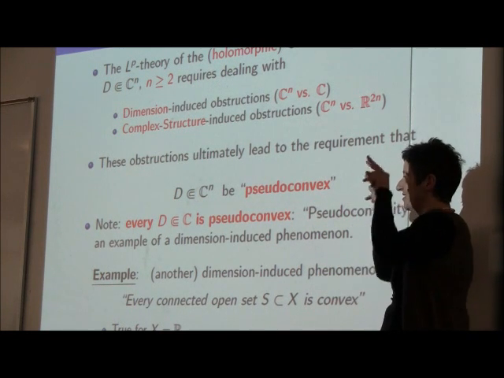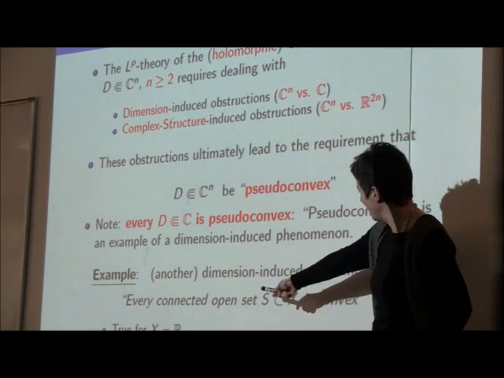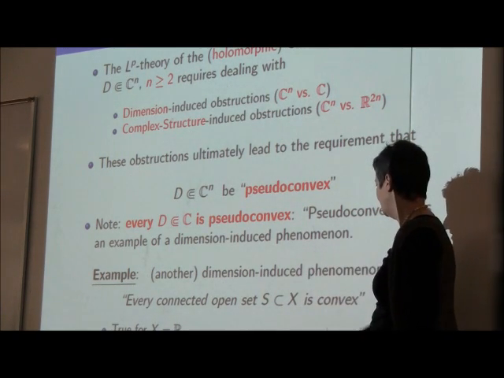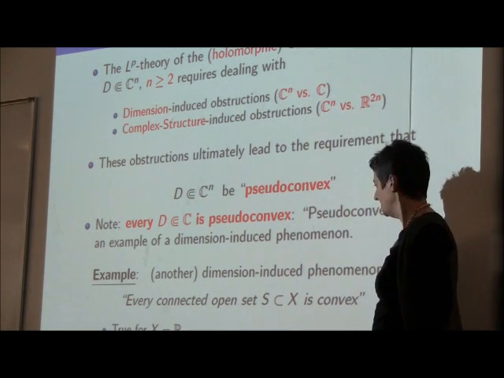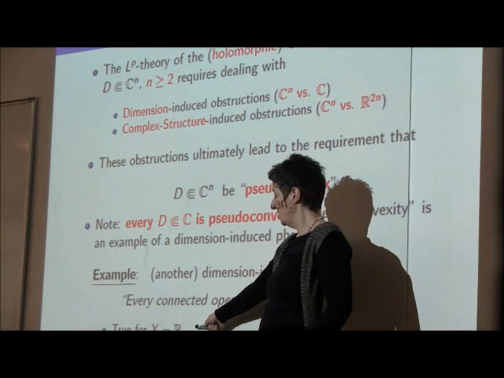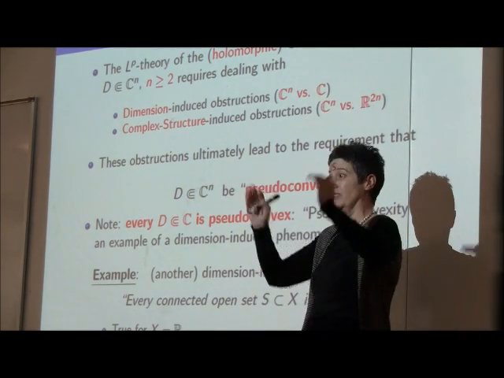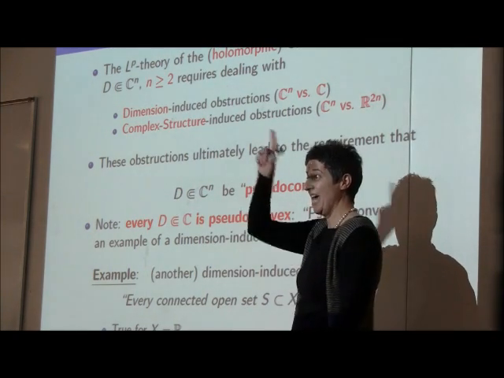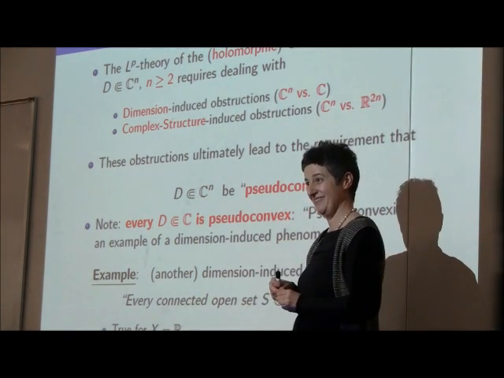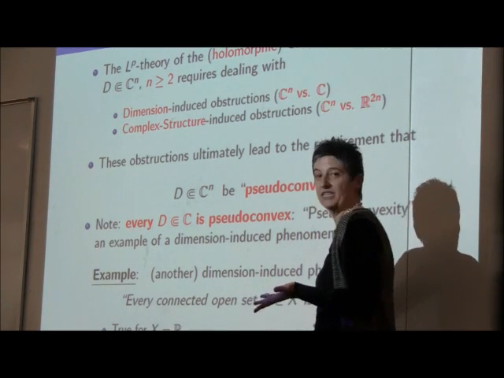If you think of the regular convexity notion, the statement that every connected open set in a space X is convex, well, this is a statement that is true if the space is the real line. Connected open sets of the real line are intervals. But it's false in dimension 2. Take an annulus. Okay, so this is a phenomenon that we are familiar with in a different context.